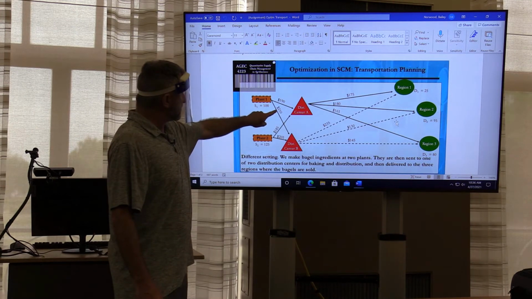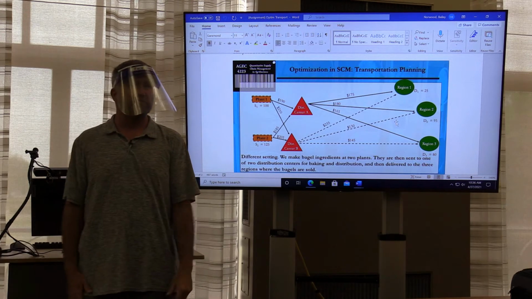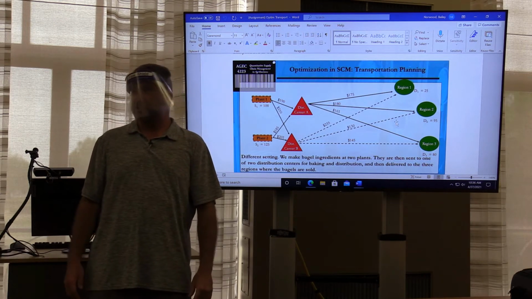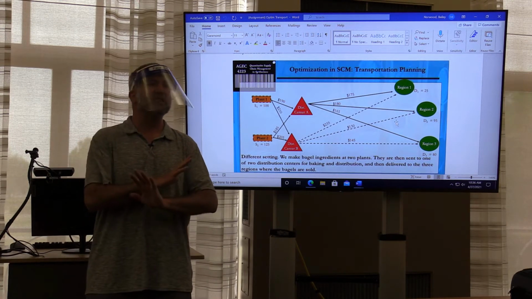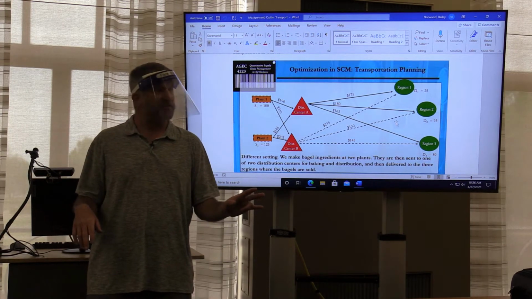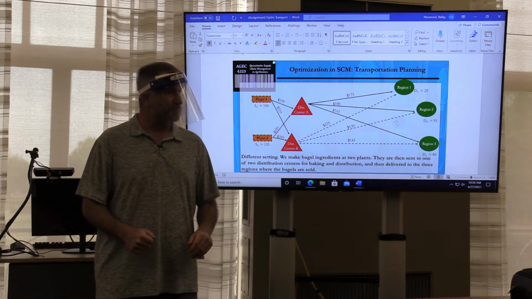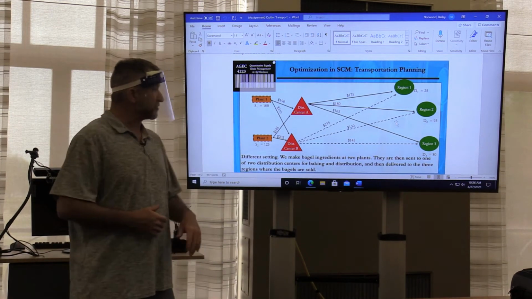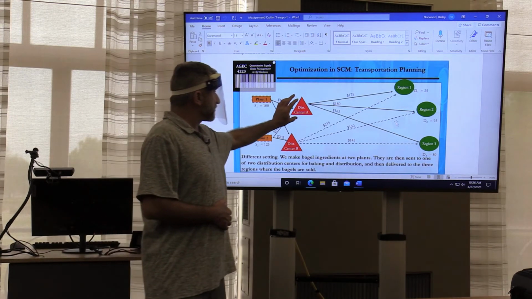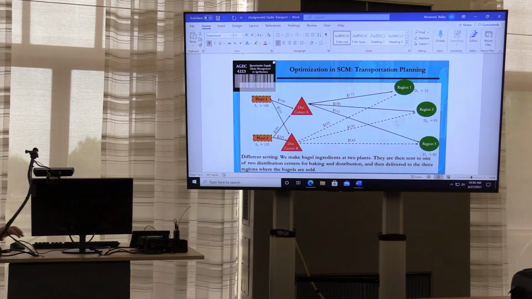Here, $210 to take a unit from plant 1 to distribution center B, make it $20,000. Such a ridiculously high number that the model would never choose distribution center B. That's the same thing as telling the model you can't use distribution center B. And so you're going to get a new solution where everything goes through distribution center A.